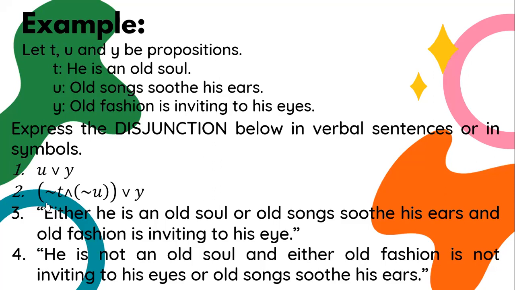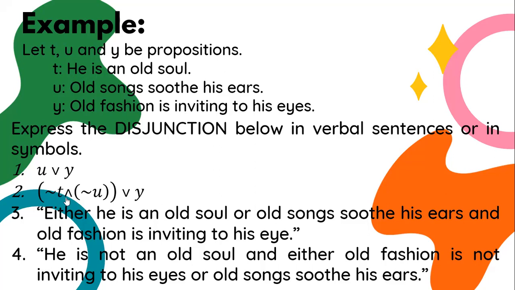He is not an old soul, and old songs do not suit his ears, or old fashion is inviting to his eyes. Correct. Correct mga anak. Yan, di ba? Okay, thank you. Not he, so ginamitan niya, he is not an old soul.